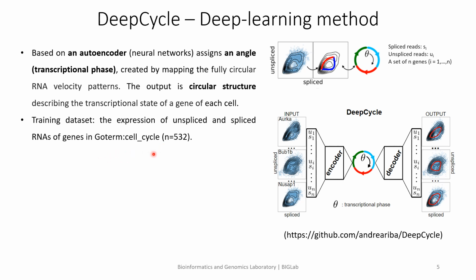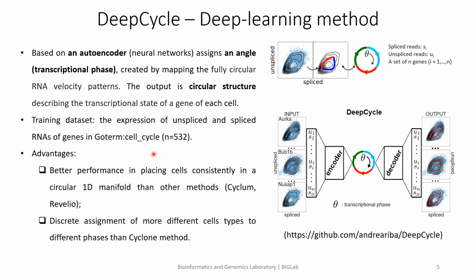Deep Cycle was compared with other currently used methods such as Revelio or Cyclone, and it showed its advantage in performance and flexibility in applications for different cell types.